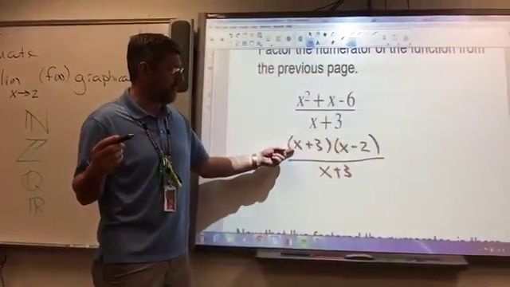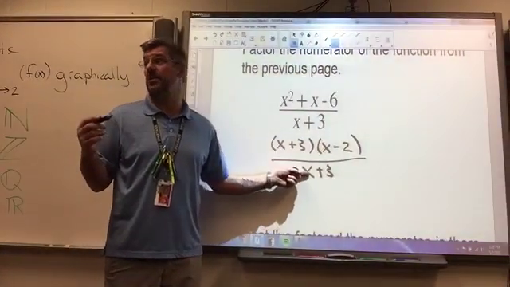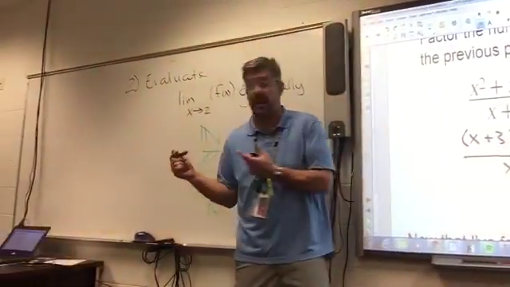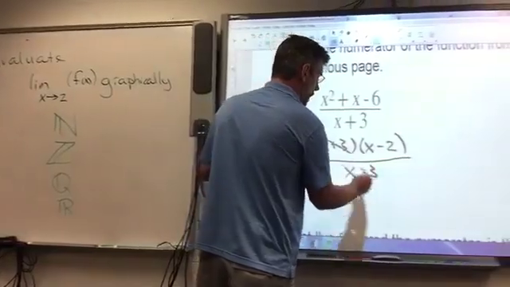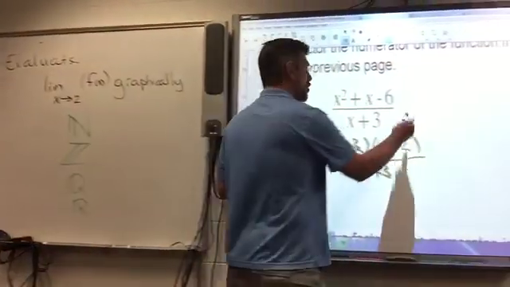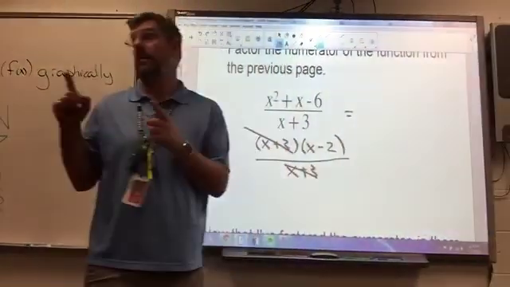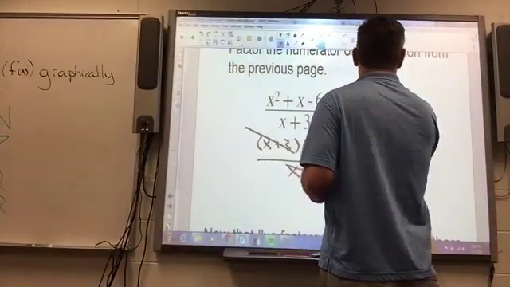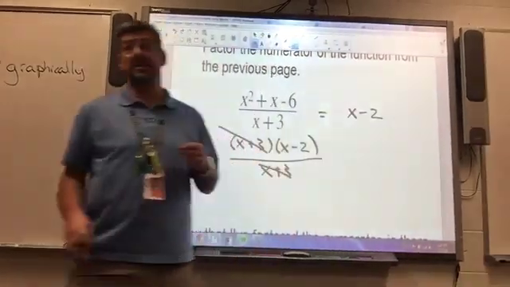Yeah, so I got a common factor in the numerator as I do in the denominator. That factor is x plus 3. I can just cancel them, right? So I can tell you without any doubt in my mind that this function equals x minus 2, yes?